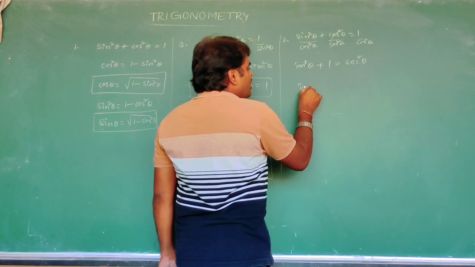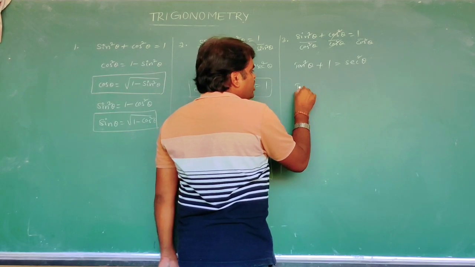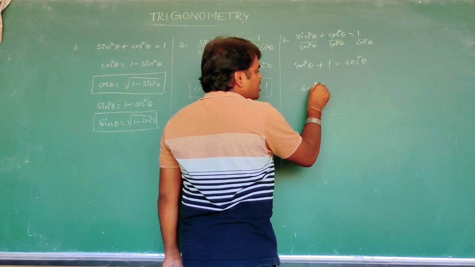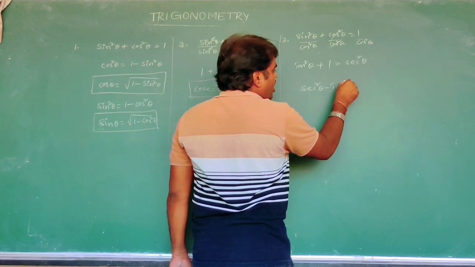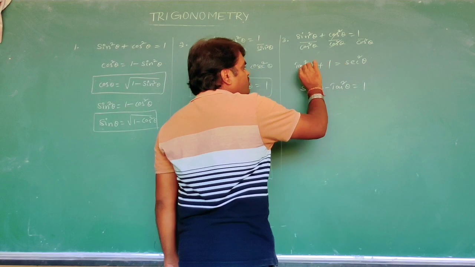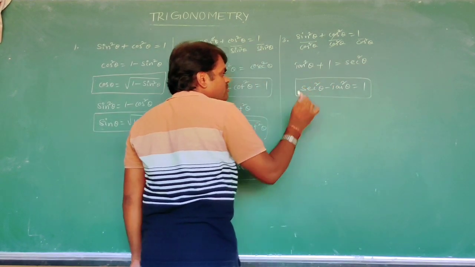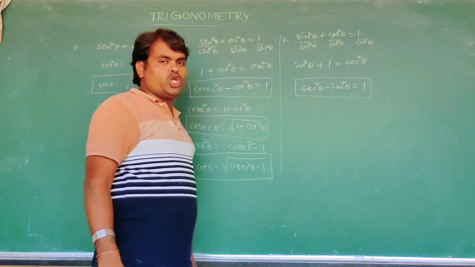That means secant square theta minus tan square theta is equal to 1, moving this to that side. This is a very important formula, very frequently used.